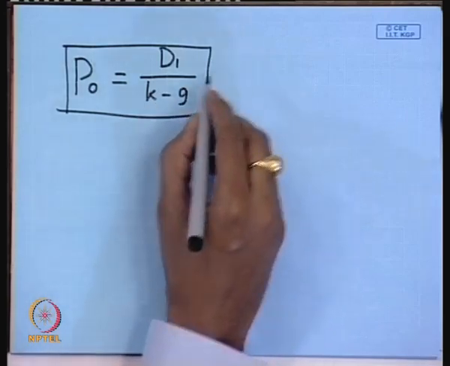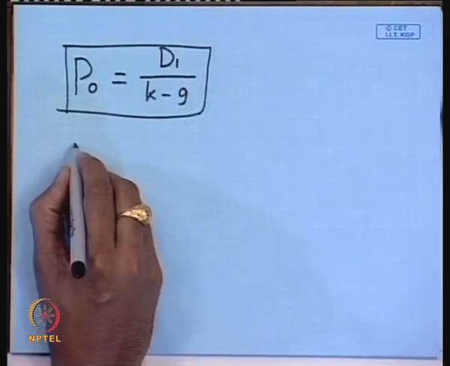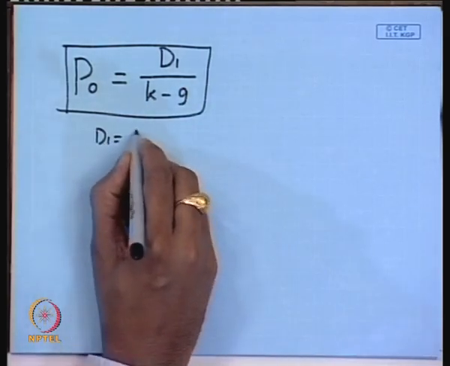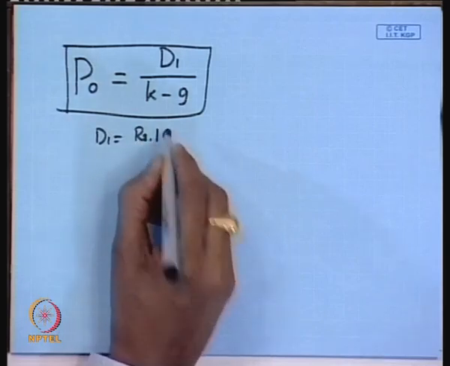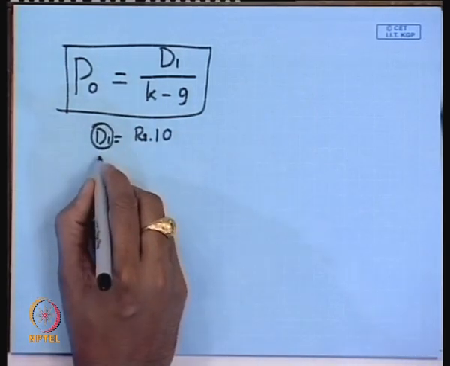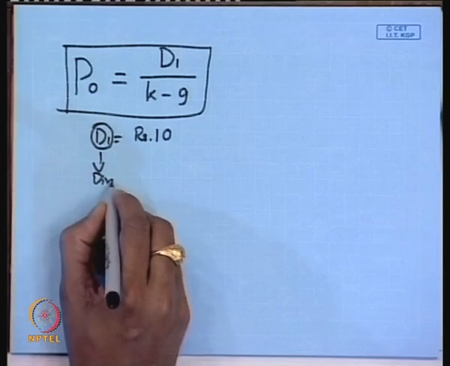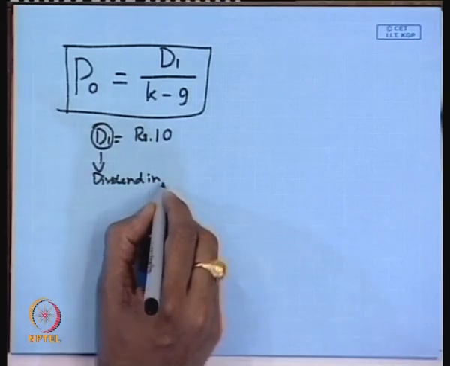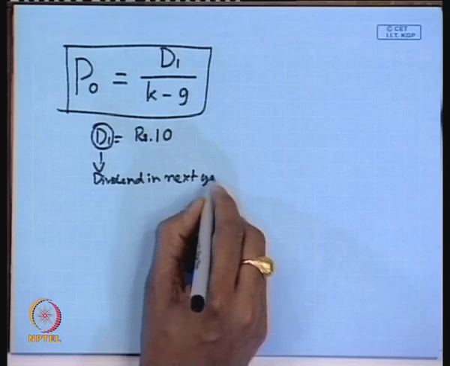If you apply this formula with data, let us say D1 is equal to rupees 10, where D1 is the expected dividend in the next year.